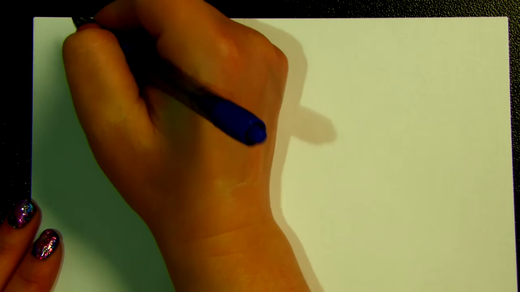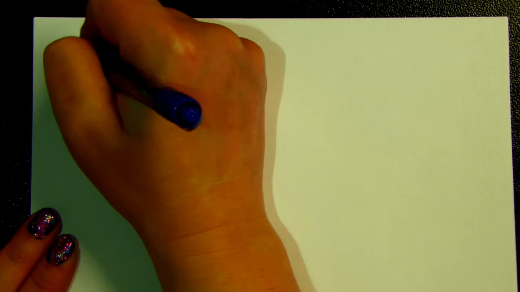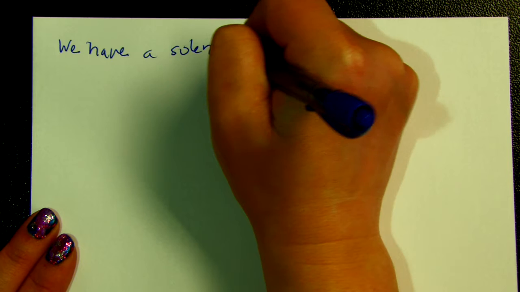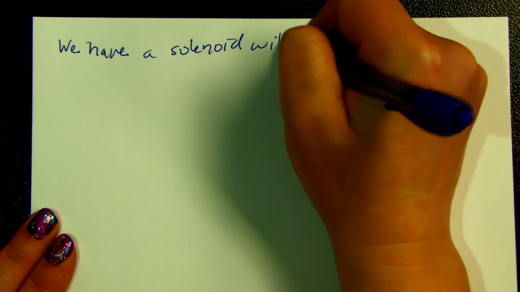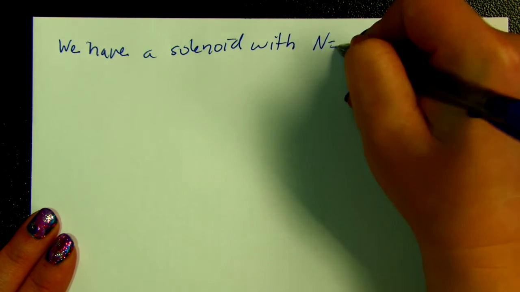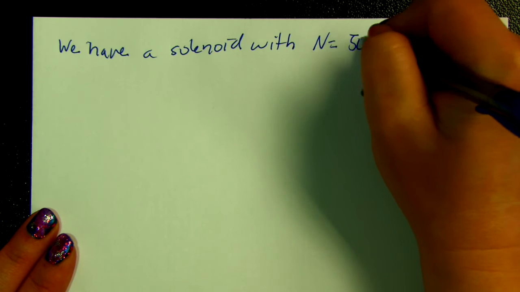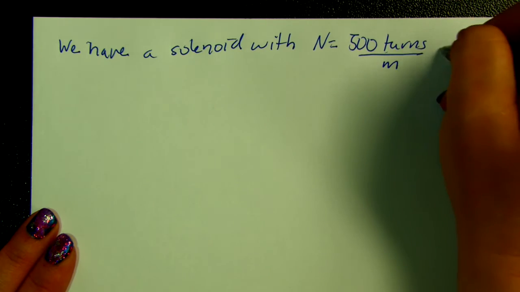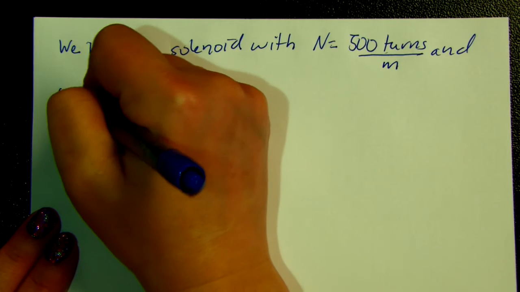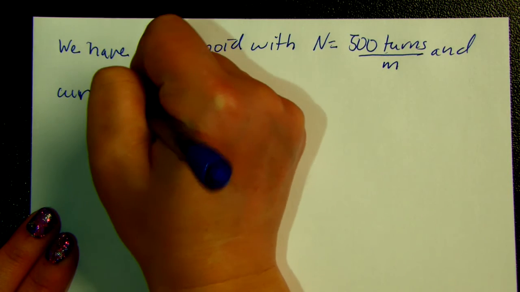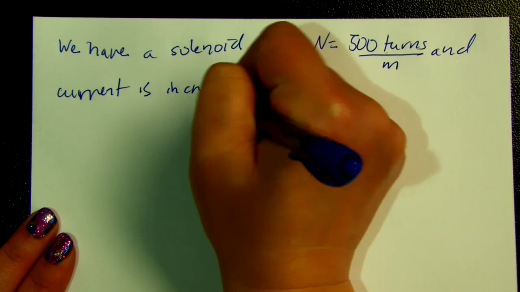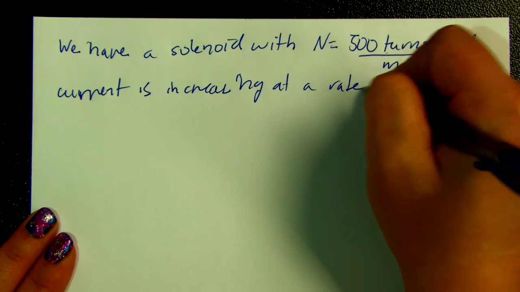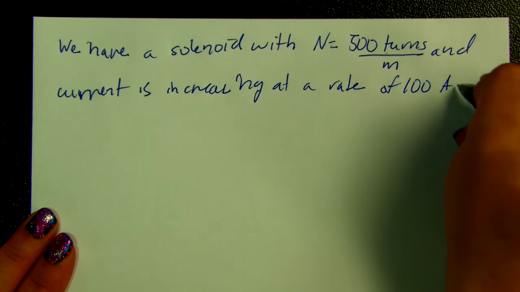Okay, so another Faraday's law example. We have a solenoid with N equals 500 turns per meter, and current is increasing at a rate of 100 amps per second.